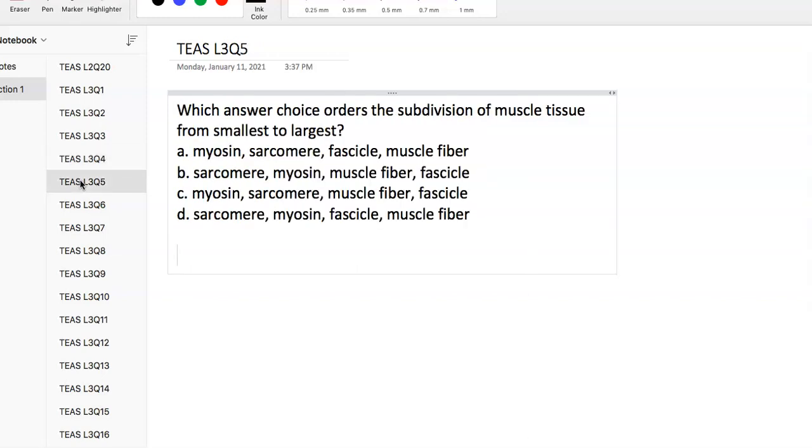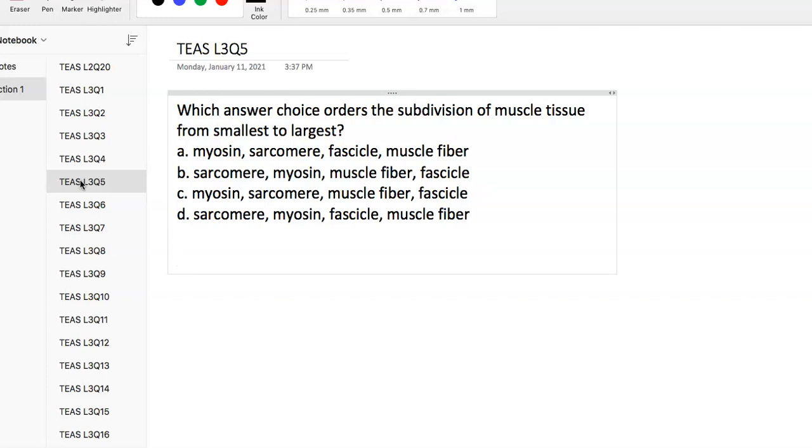Question number 5. Which answer choice orders the subdivision of muscle tissue from smallest to largest? Okay, and so the answer we want here is answer choice C, which would be myosin, sarcomere, muscle fiber, and fascicle.